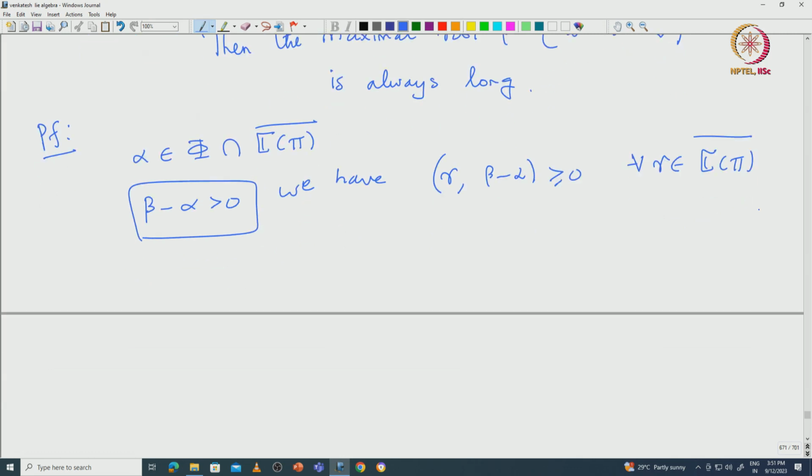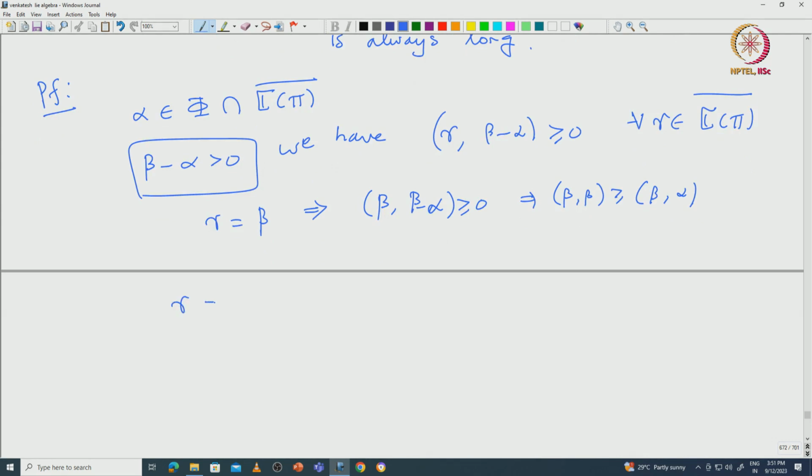So, now we can apply this for gamma equal to beta, because all the positive roots are inside the closure of the fundamental chamber. If we take gamma to be beta, then you can see that (beta, beta minus alpha) is non-negative. So, that implies that (beta, beta) must be greater than or equal to the inner product (beta, alpha).